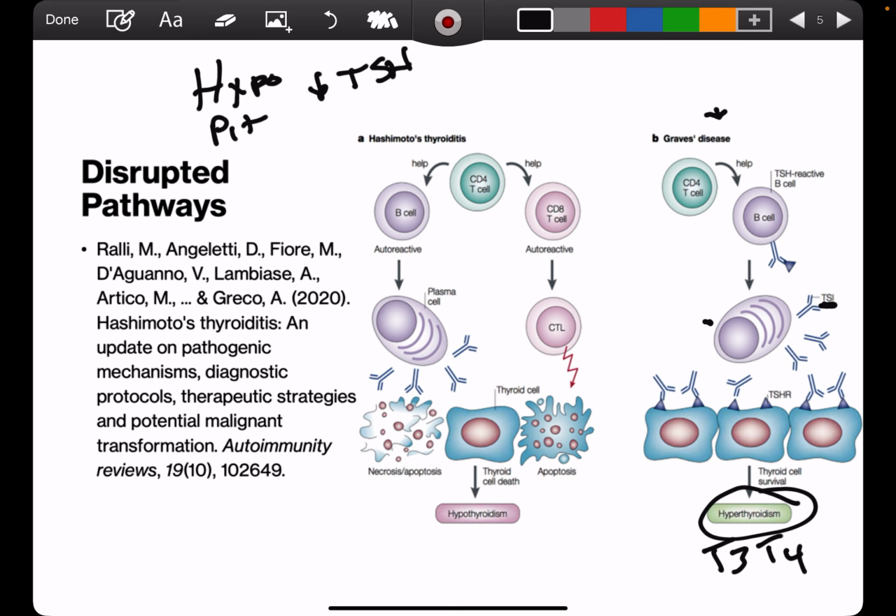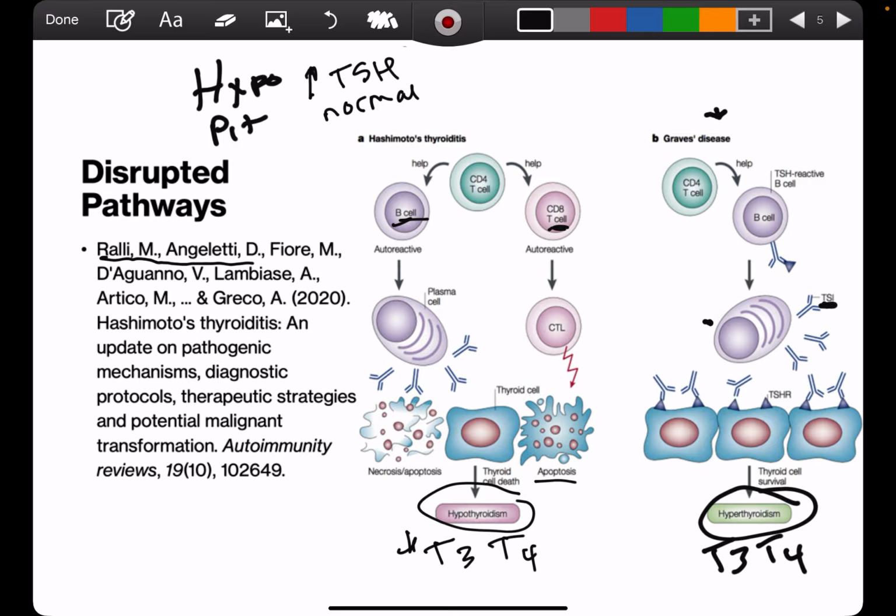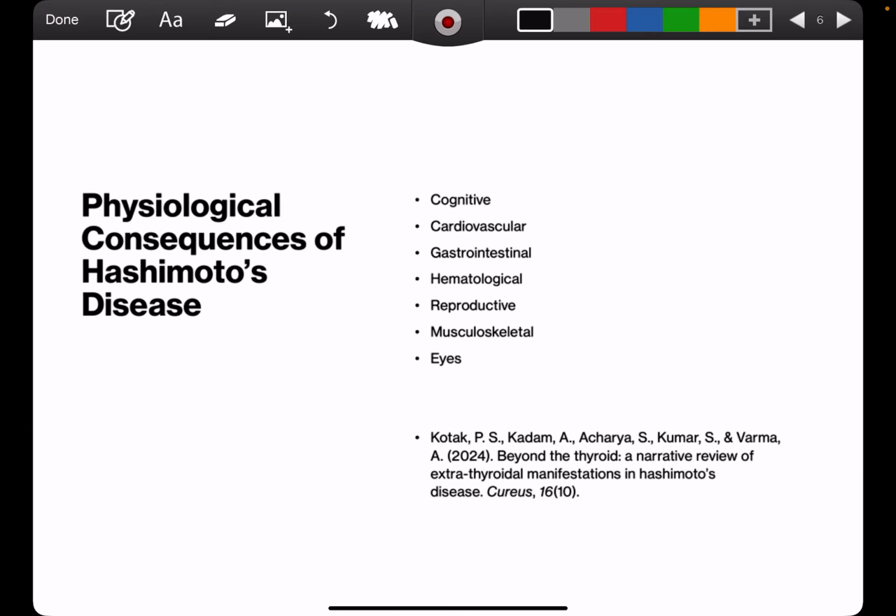B cells become plasma cells and release specific antibodies, anti-thyroid peroxidase and anti-thyroglobulin, to attack and destroy thyroid follicular cells, whereas the T cells differentiate into cytotoxic T lymphocytes, and these destroy thyroid cells through apoptosis. And then the fewer thyroid cells, the less production of T3 and T4, and then we have hypothyroidism.